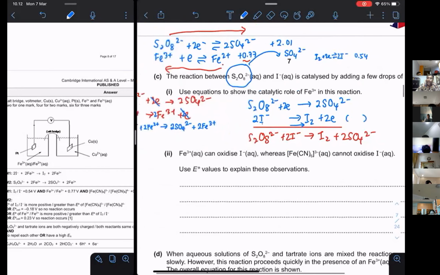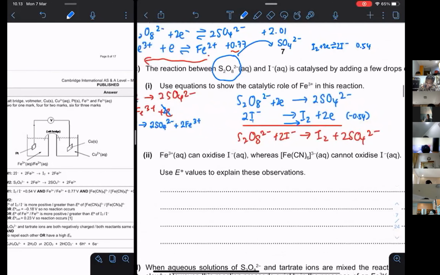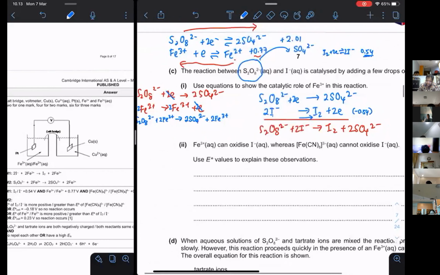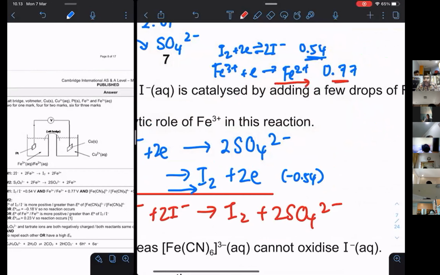Now, if I want I minus to go that side, this is negative 0.54. Compare this with Fe3 plus plus an electron to give Fe2 plus, which is 0.77. You will notice that this goes to the right, more positive, and the other goes to the left, which is what we want. I hope I'm not confusing you.